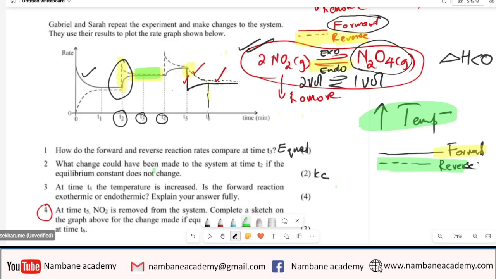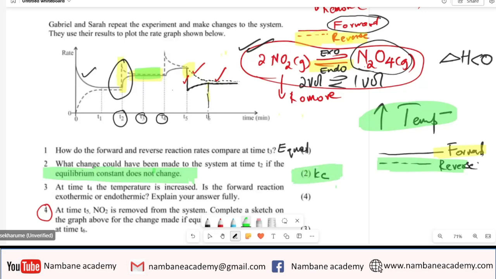But now the question is, I think I did copy the equation wrong there. Remember, if you talk about the temperature, the Kc changes. For the Kc to remain constant, it must be pressure, guys.